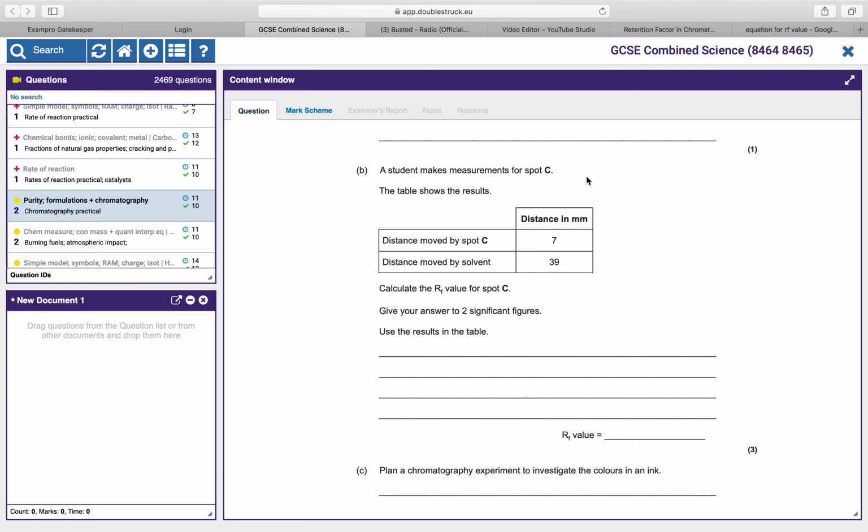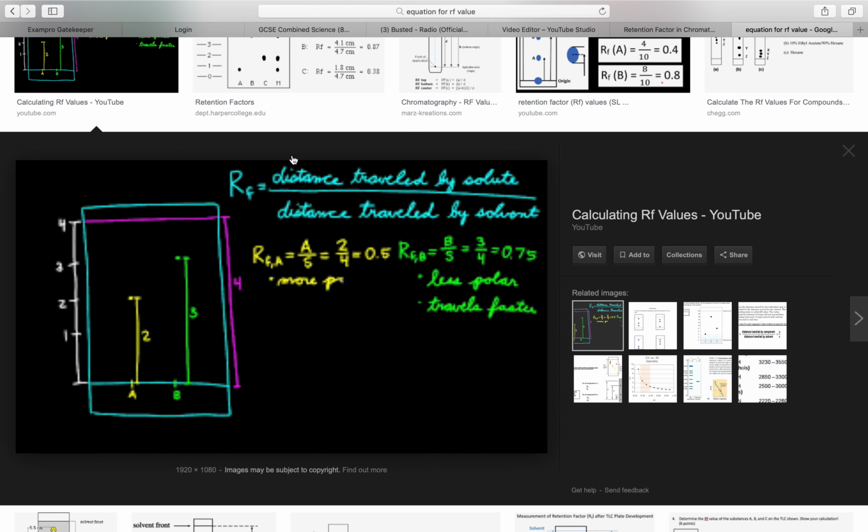What you do is, first of all, you do the distance moved by your solute divided by the distance moved by the solvent. So look, a nice equation here.